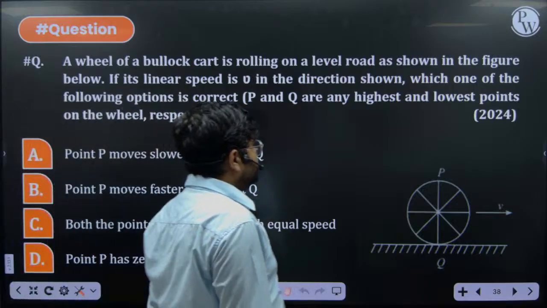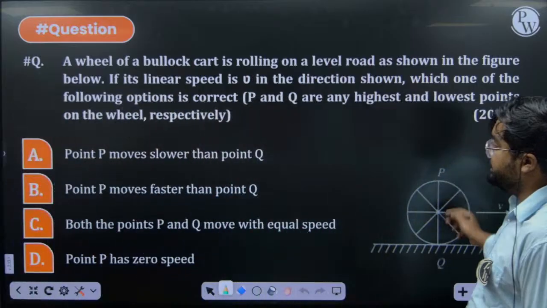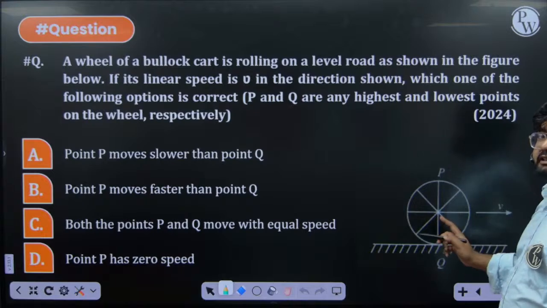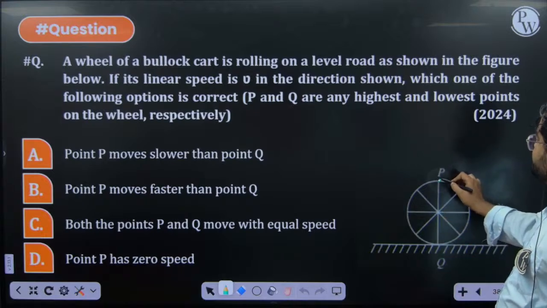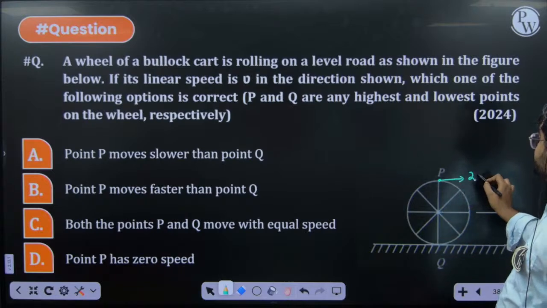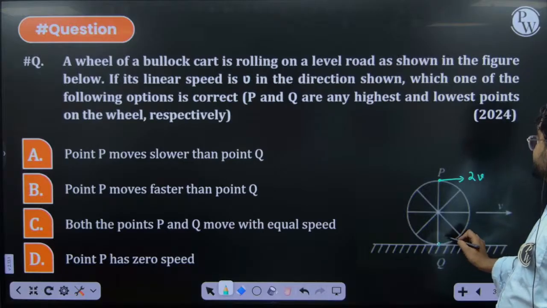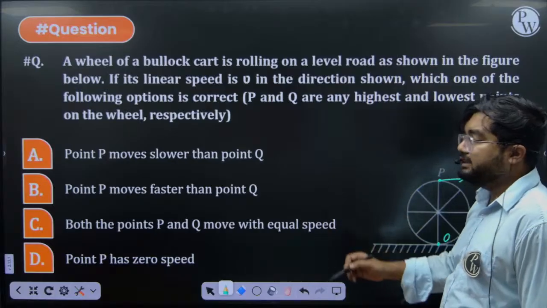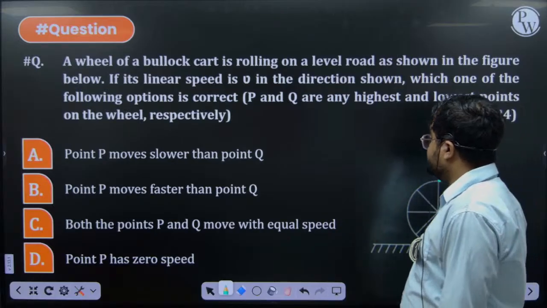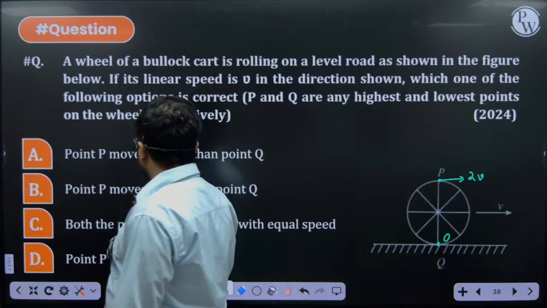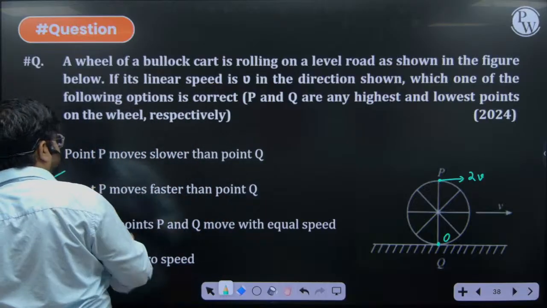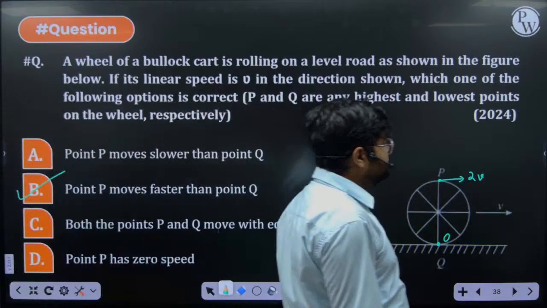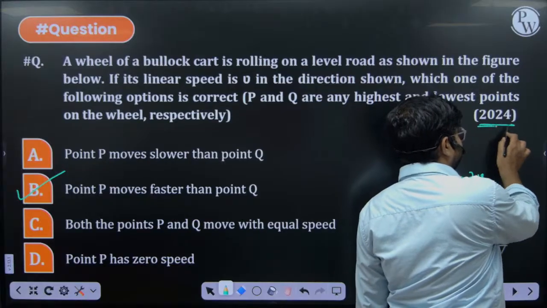P and Q are highest and lowest points. We have just seen this in pure rolling. Do you remember? This moves with 2v and this speed is 0. So which option should be correct here? Option B. Point P moves faster than point Q. Simple question, 2024 NEET.